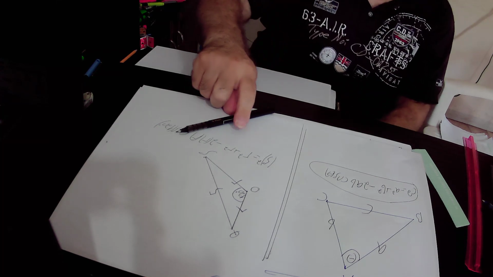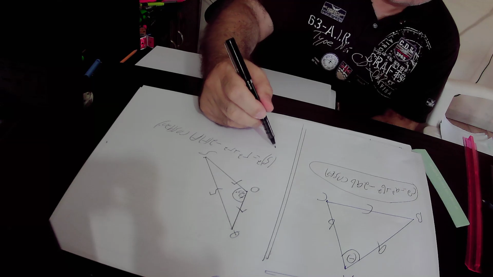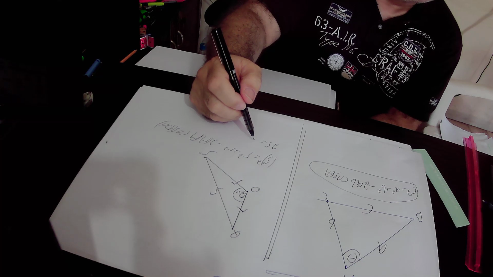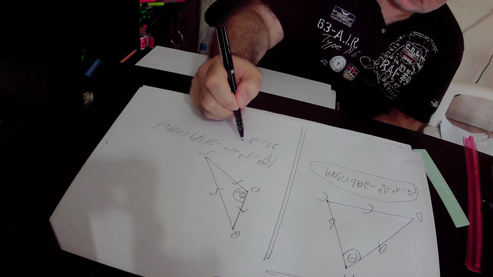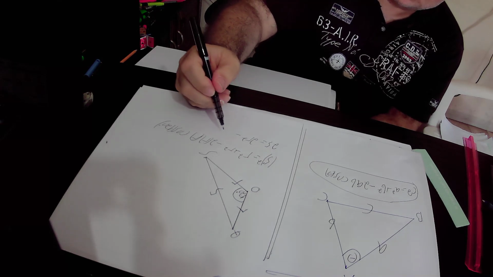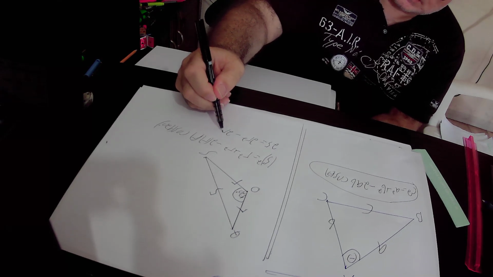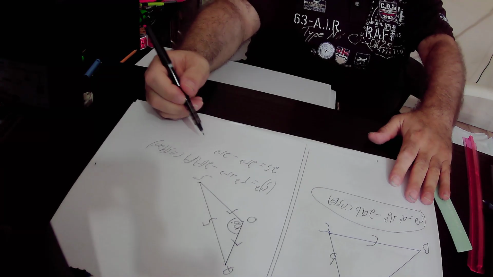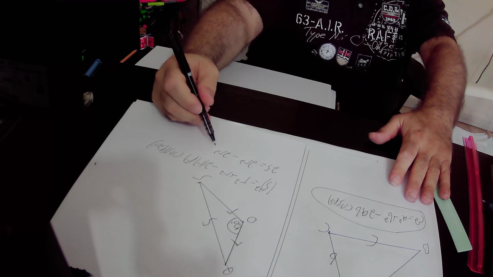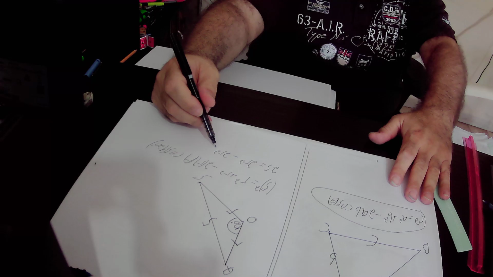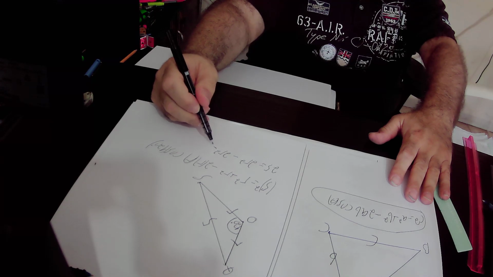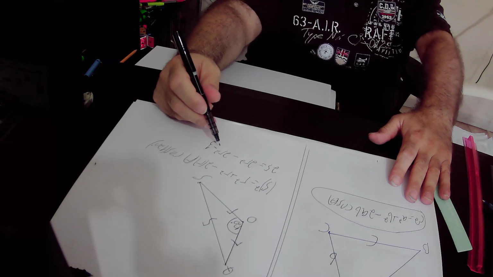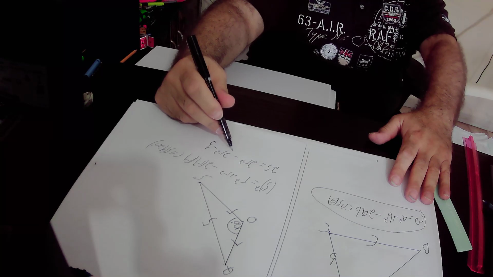5 squared is 25. That is equal to R squared plus R squared is 2R squared, minus 2 times R squared, and cosine 120 degrees is minus 1 over 2, minus 1 half. So we have 2 in the numerator and 2 in the denominator, so the 2 will get cancelled.